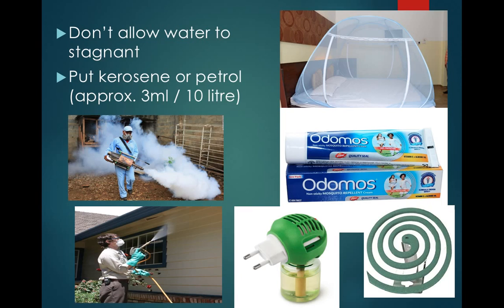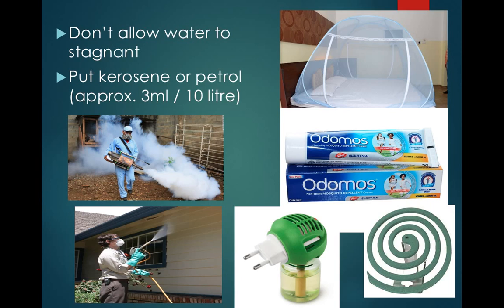The recommended quantity of kerosene or petrol is approximately 3 ml per 10 liters of water. We can just assume how much water is there, and accordingly calculate and put kerosene or petrol on that.